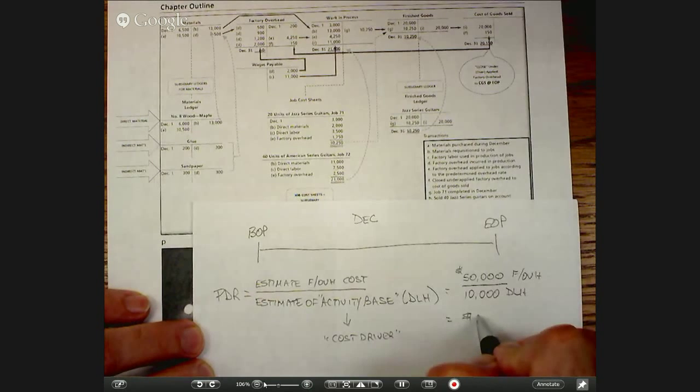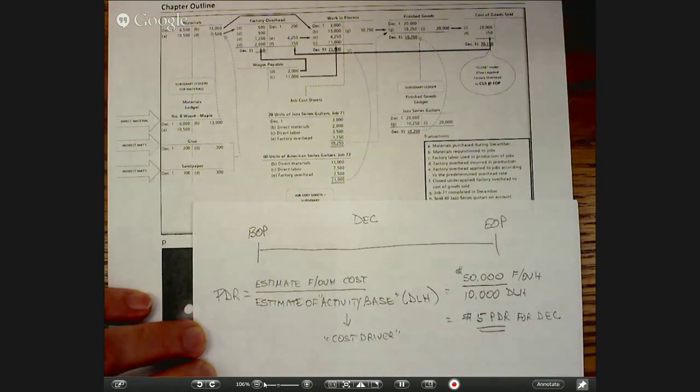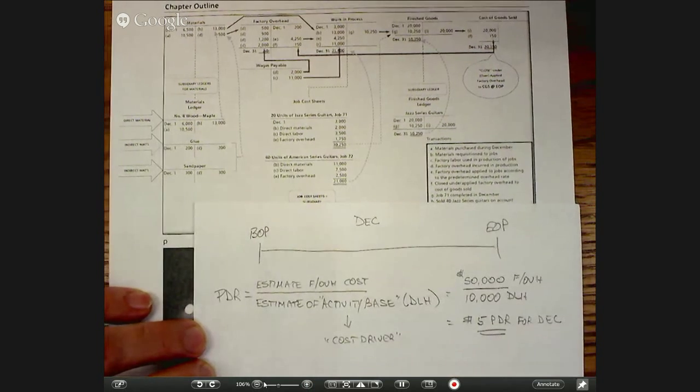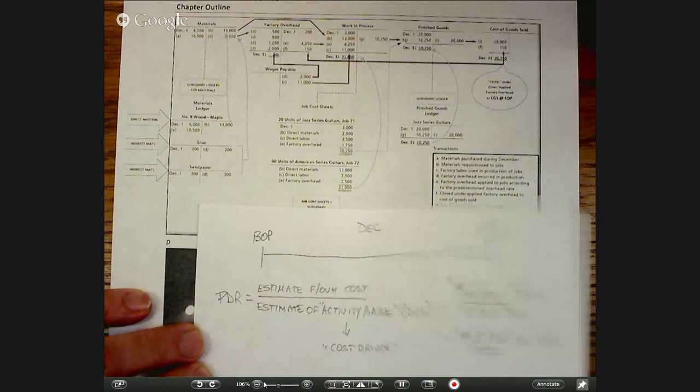So what that means is that the Washburn Guitar Company would have a predetermined overhead rate of $5 that they would use to allocate factory overhead costs to work in process during the month.